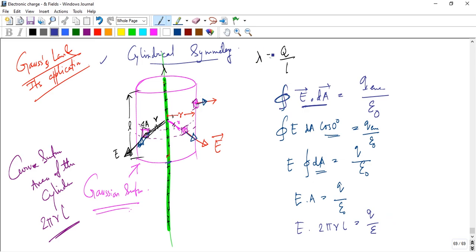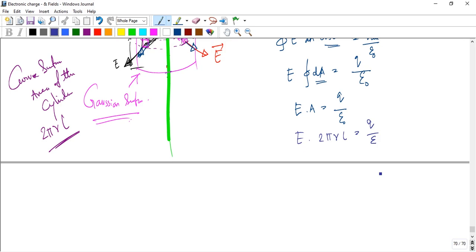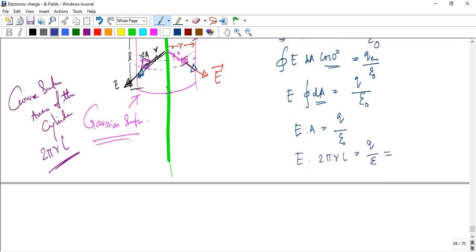Now Q is represented by lambda times the total length L, so lambda L over epsilon naught. We get E equals 1 over 2 pi r L times lambda L over epsilon naught. Cancelling the length, the electric field E equals 1 over 2 pi r times lambda over epsilon naught.